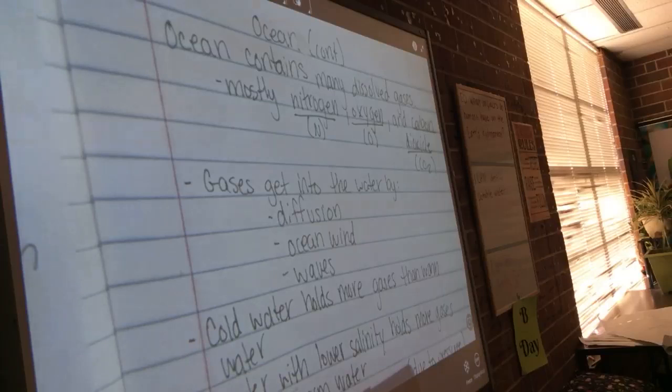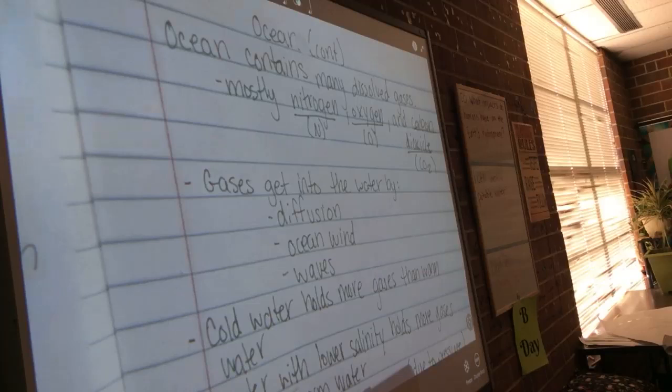And just like freshwater, there are things that affect how much of these gases are in the water. One is temperature.